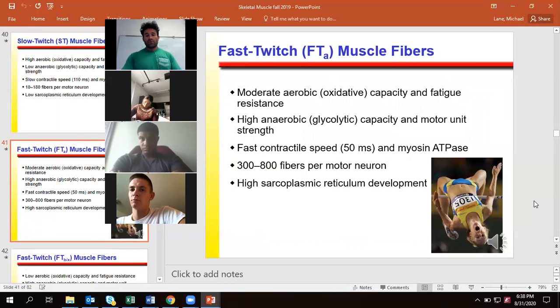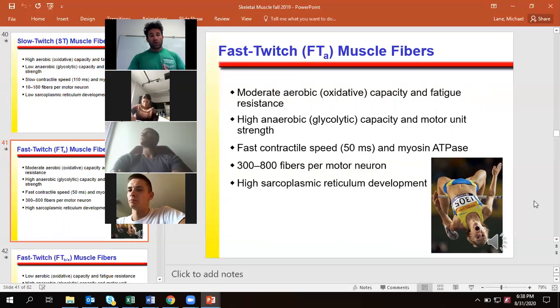Now, fast twitch fibers are going to be the ones that fatigue out obviously faster, but they're going to be contracting at a much, much faster rate. And based upon Henneman's size principle and otherwise, you're going to be recruiting more individual fast twitch fibers per individual motor neuron than you are with your slow twitch fibers.